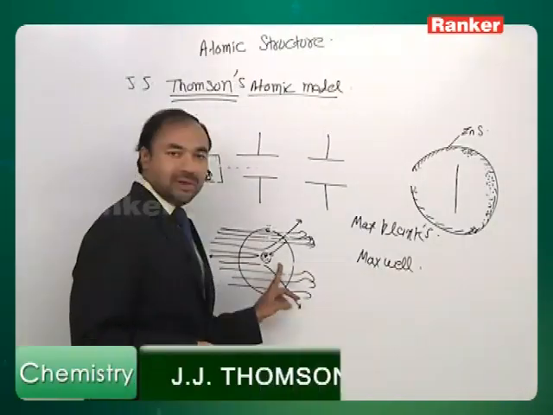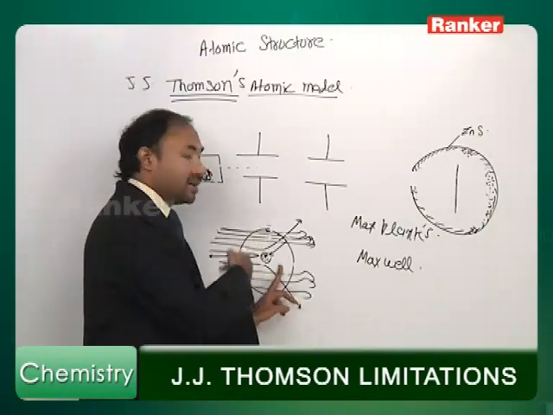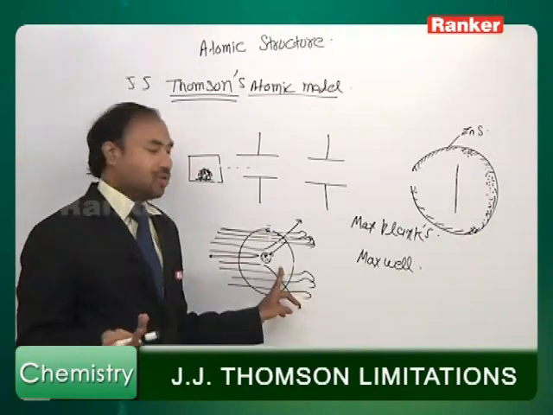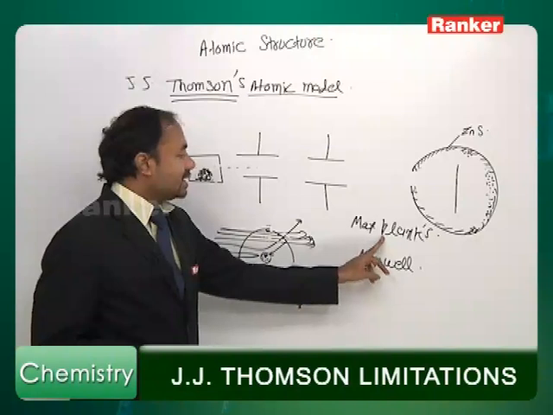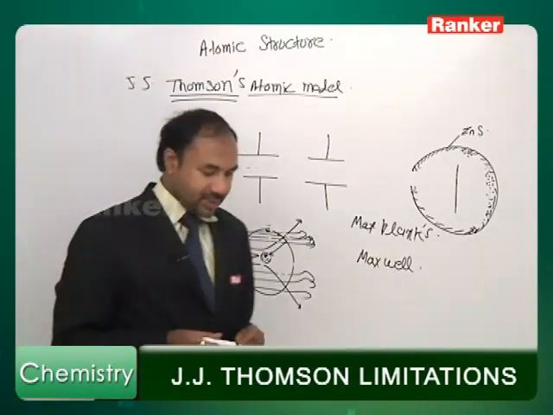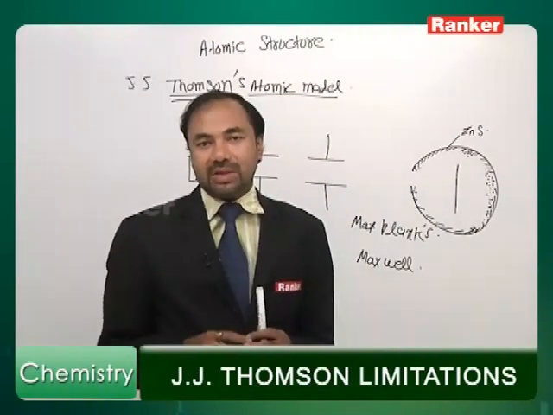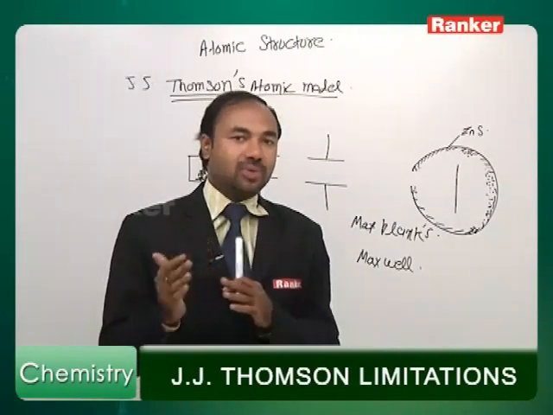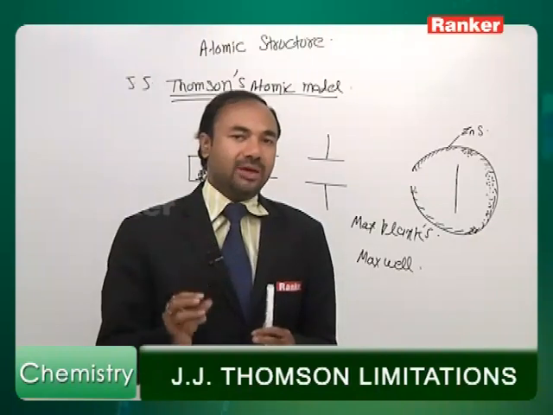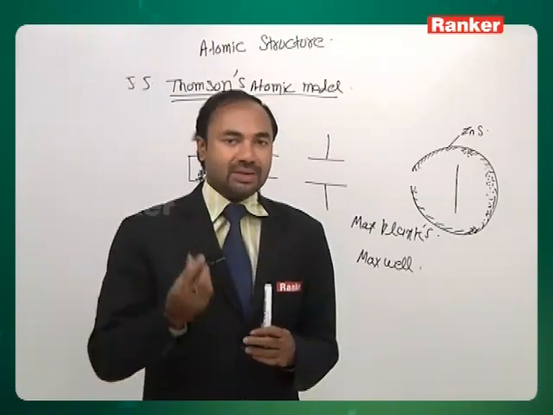Maxwell said this, so based upon this, Rutherford's atomic model became obsolete, meaning we cannot say this is correct. Another scientist, Max Planck, said that energy is not emitted or absorbed continuously. How is it absorbed or emitted? It is emitted or absorbed in the form of photons, in packets of energy.